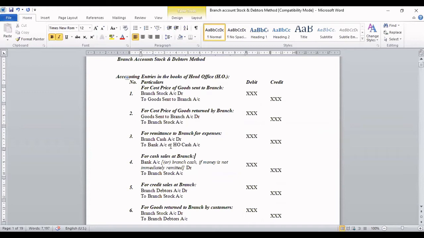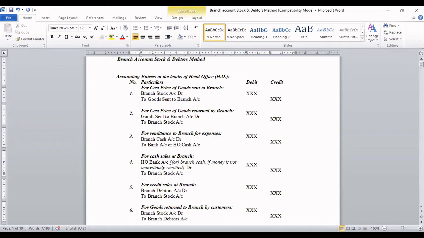If that is the scenario, then the entry will be bank account debit to branch stock account. When the goods are sold on cash basis by branch, and cash is immediately given to the head office, that means they deposit the money directly in head office bank account. So the entry will be bank account, or we can say HO bank account, debit to branch stock.